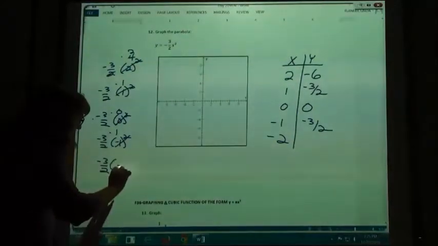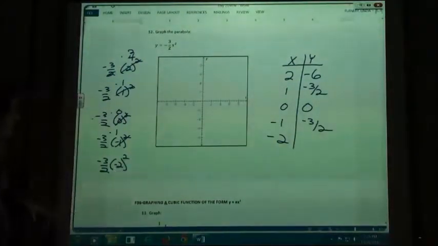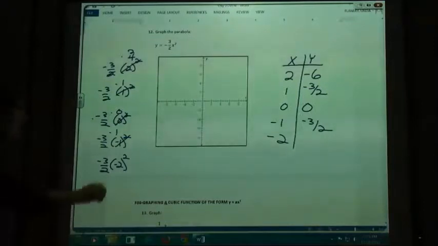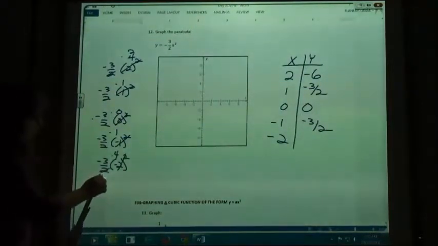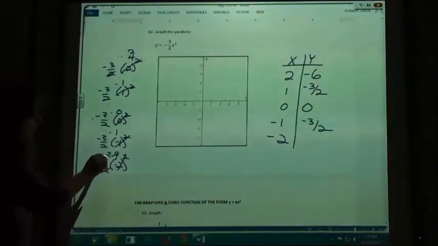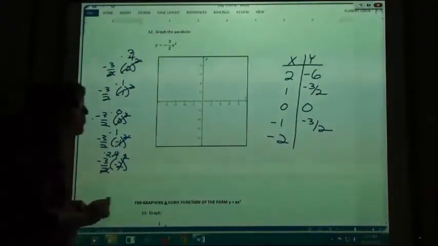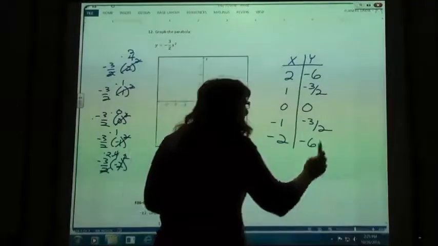Negative 3/2 times negative 2 squared. Negative 2 squared, negative 2 times negative 2 is a positive 4. 2 goes into 4 2 times. 2 times my negative 3 should give me negative 6.